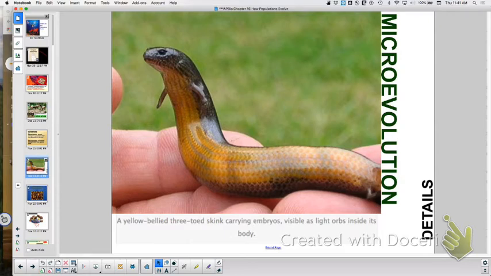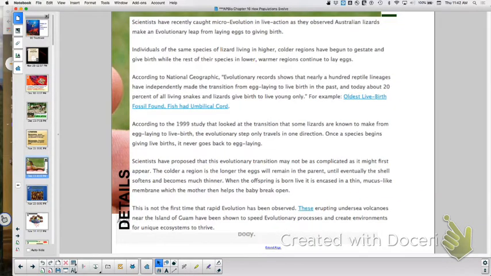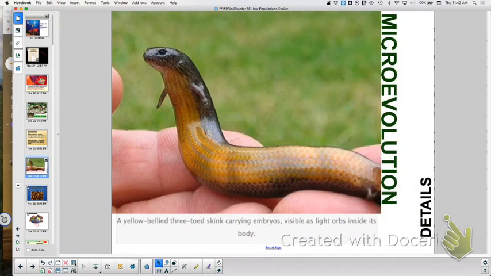But if it starts to become where they only mate with those that keep them inside, then what kind of evolution has occurred? Macro. Currently, what would it be referred to as? Microevolution. And I'm just showing you, this is the article that I got it from in order to talk about it. Okay? All right. Now, on your notes, the first thing I want to do is in 16.1.